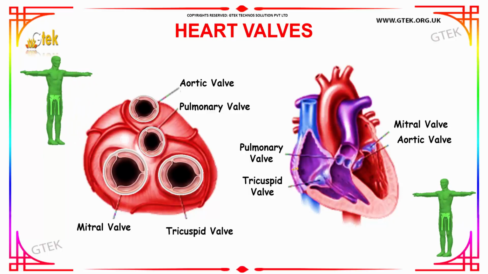Your pulmonary valve pumps the impure blood from the right ventricle into the pulmonary artery, which leads to the lungs. And the aortic valve pumps the blood from the left ventricle into the aorta.